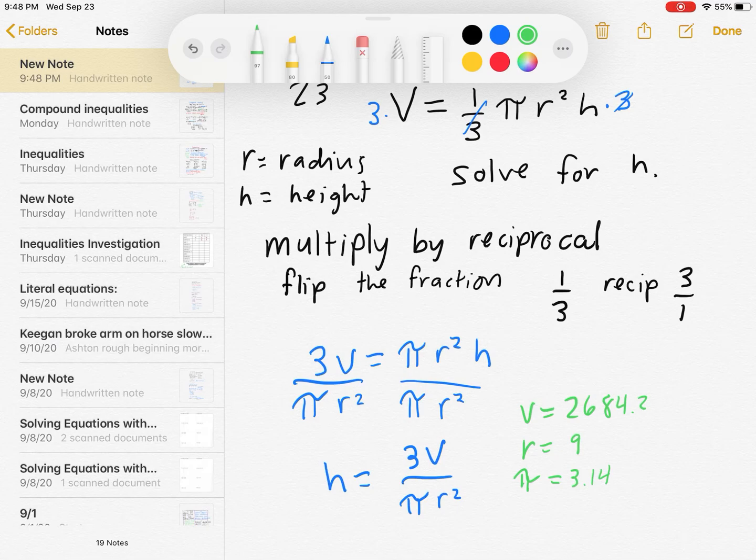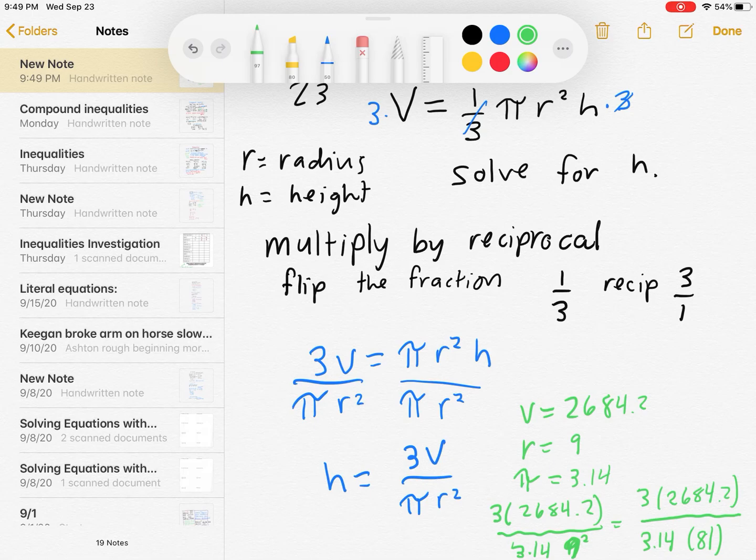So we just plug in those numbers: 3 times 2684.2 over 3.14 times r squared, which would be 9 squared, which is 81. And you'd plug that into a calculator and then you would solve.